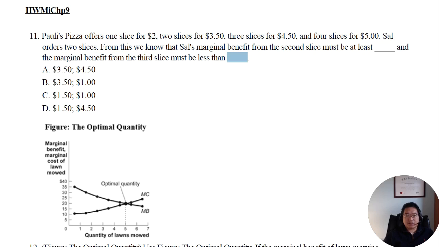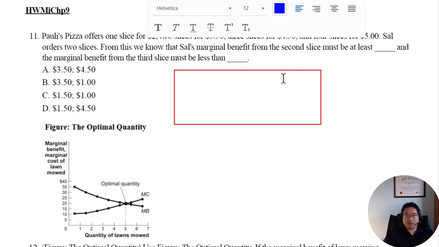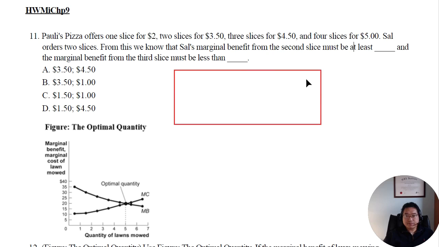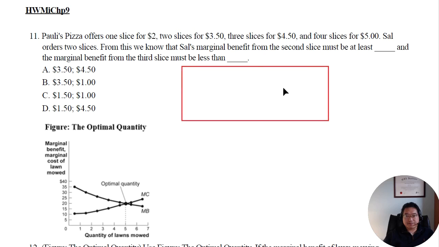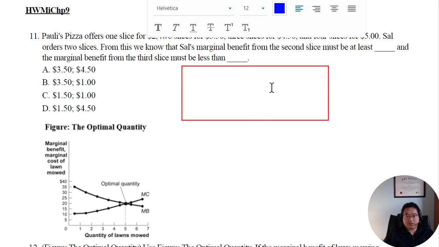We need to calculate the marginal cost so that we can compare the marginal cost with the marginal benefit. We need to consider how this decision is made.